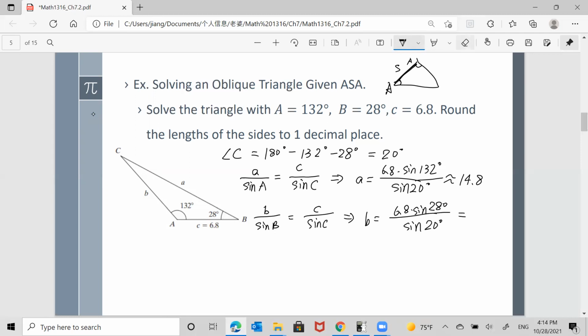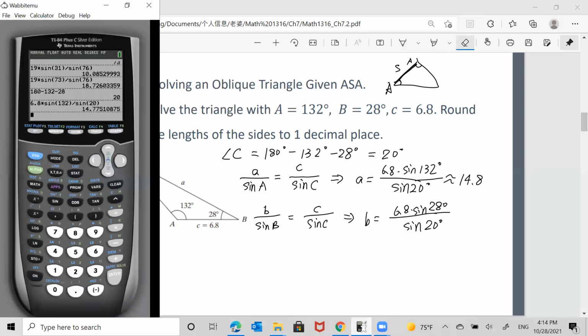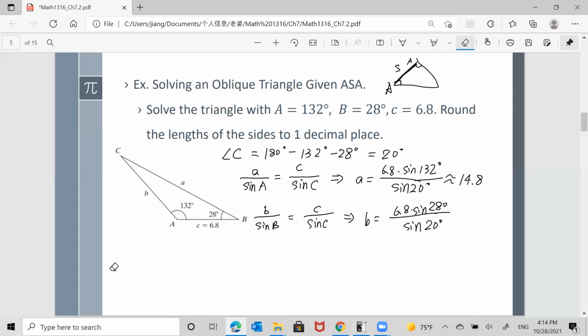Use the calculator. 6.8 times sine 28 close parentheses divided by sine 20 degrees close parentheses. That's 9.3.